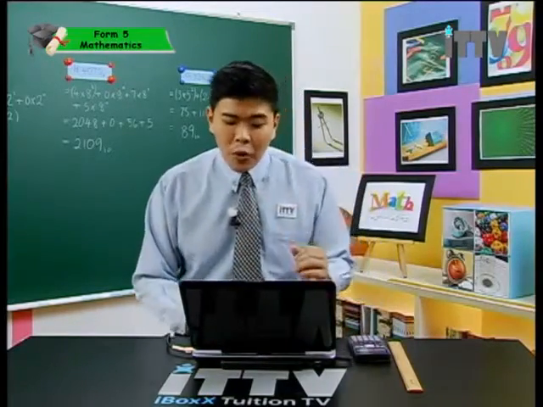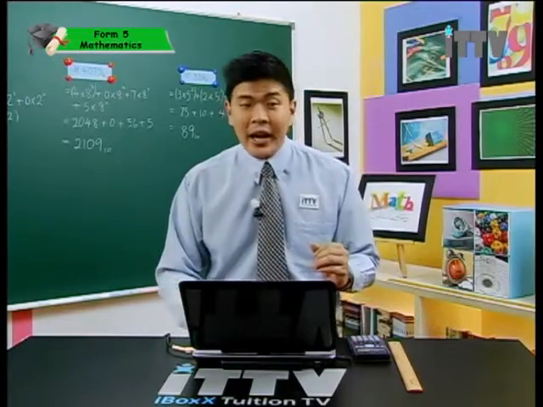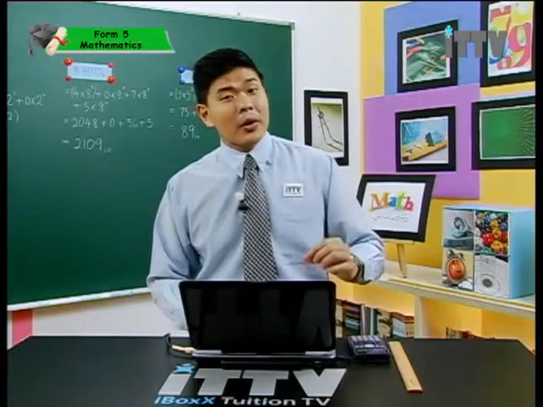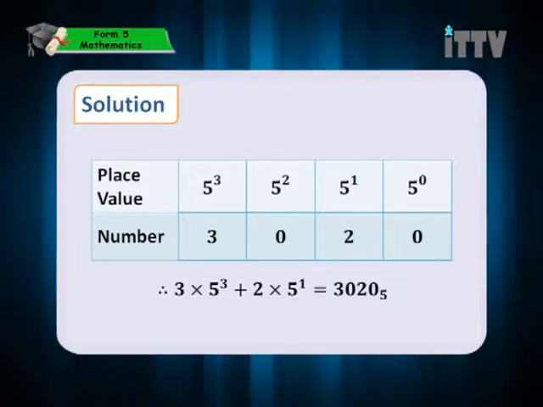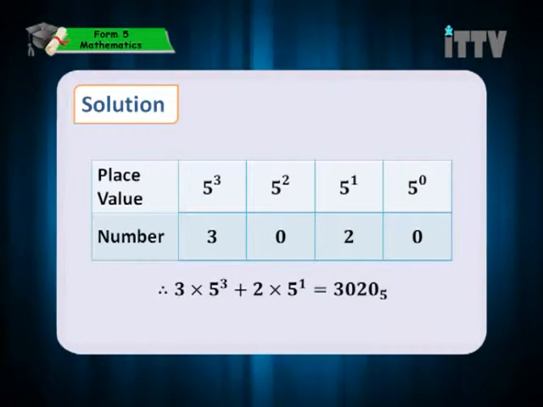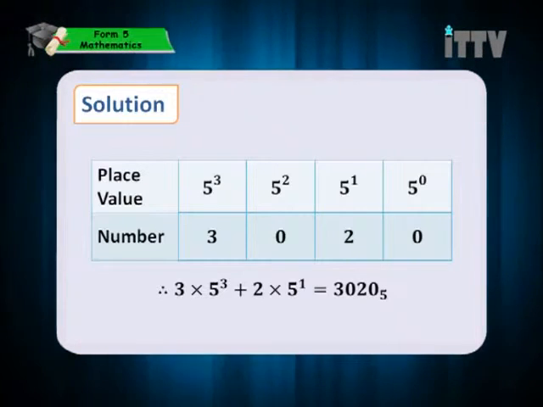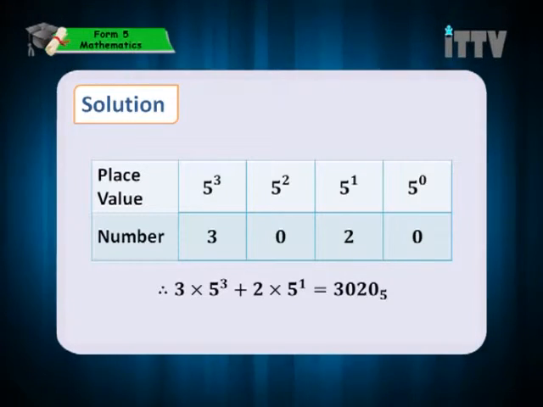But notice the place value 5 to the power of 2 is not there, because it is multiplied with a 0. So what do we have? Same thing right here. Prepare the place value and the number for each place value. So what we have is 3020 in base 5.